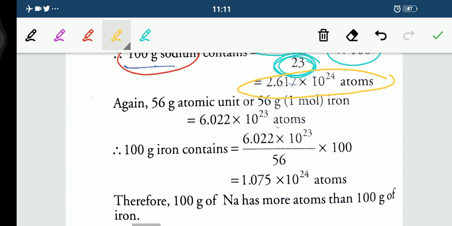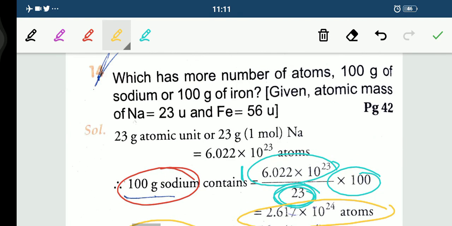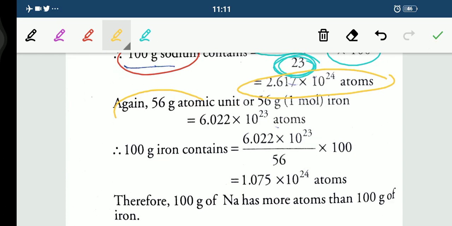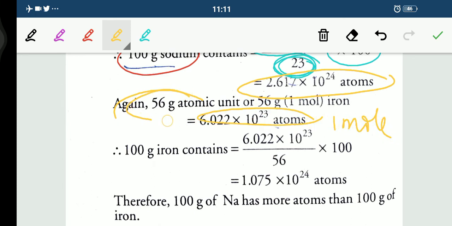Fine. In the same way, we will be doing the next step, that is to find out the number of atoms in case of 100 gram of iron. So the same procedure will be here. This is your 1 mole, that is equal to 56 gram. So in order to find out for 100 gram, first of all we should know for 1 gram.